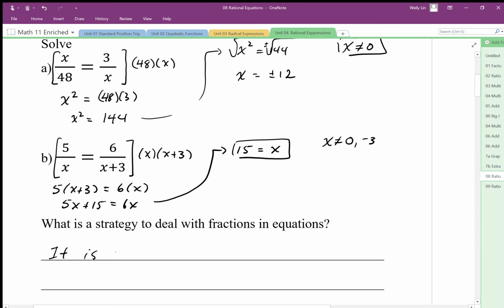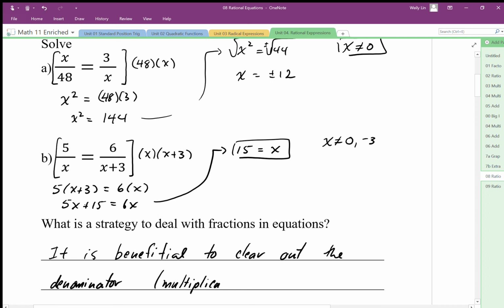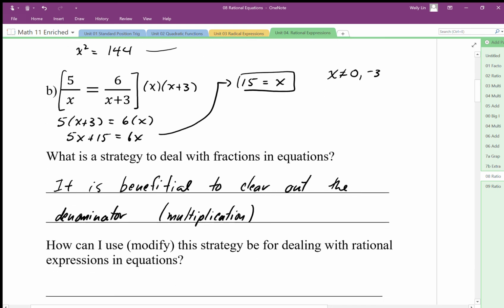It is beneficial to clear out the denominator, and we can do that with multiplication. So we'll clear it out using a multiplying strategy.